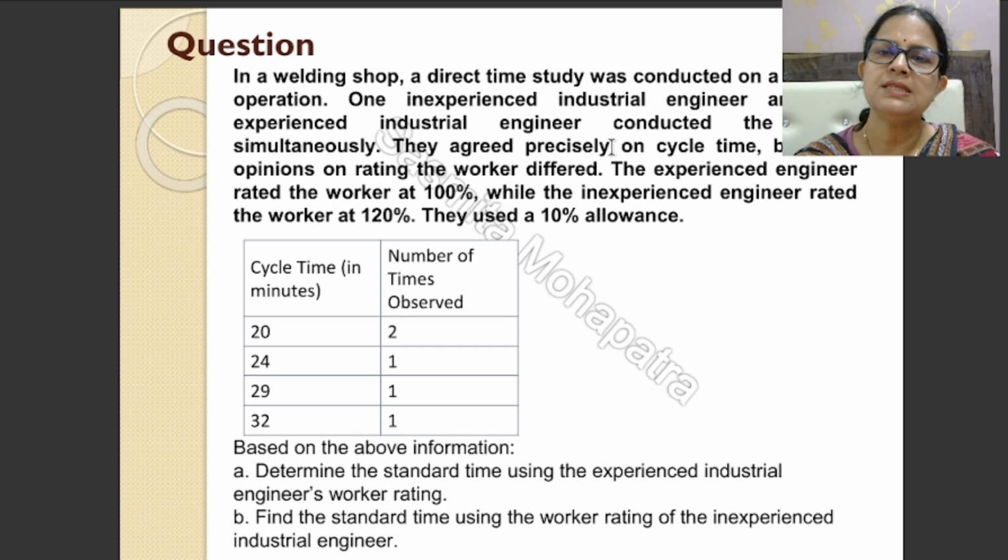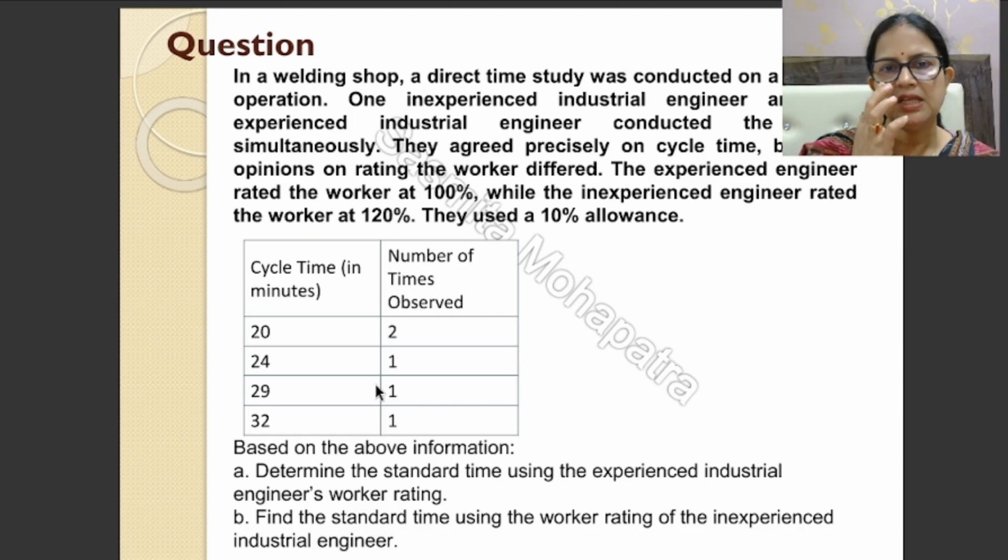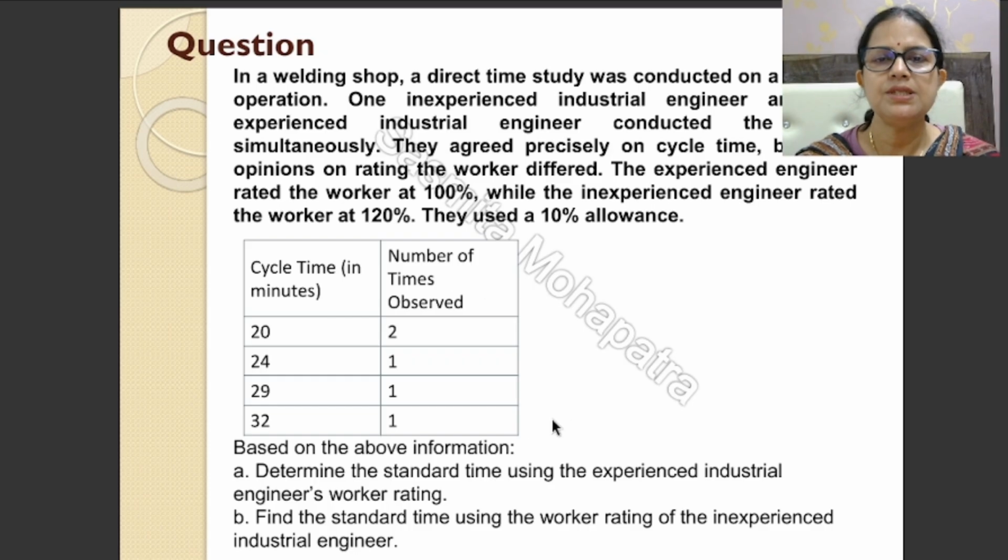They agreed precisely on cycle time, but their opinions on rating the worker differed. The experienced engineer rated the worker at 100%, while the inexperienced engineer rated the worker at 120%. They used a 10% allowance.